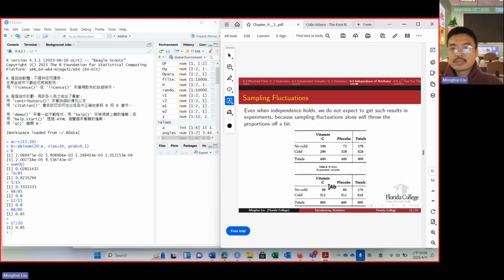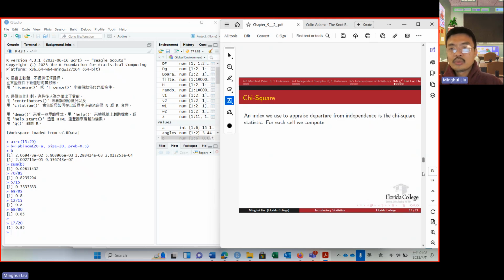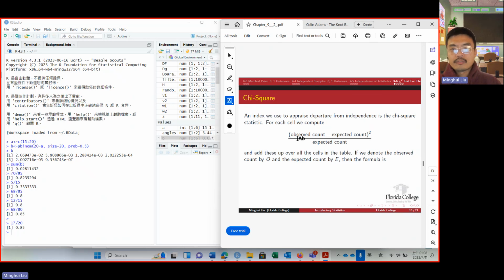So you put these two tables side by side, and then for each cell, for example, the first cell, what we observe is 104, and what we expect, assuming independence, is 88. So you do the subtraction, observed minus expected, square the difference, use that as the numerator, and then divide by what you expect.